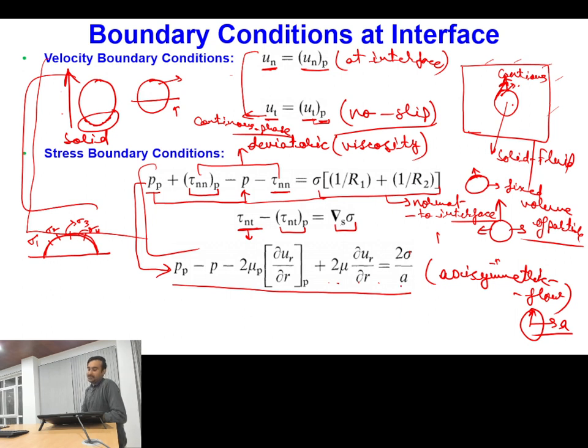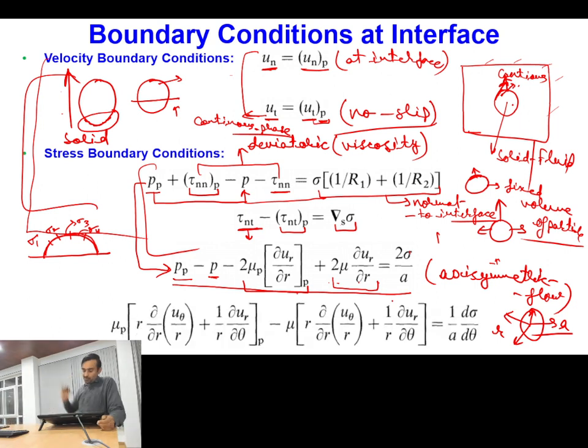In the axisymmetric scenario, pressure will remain as it is, but whenever you talk about the normal stresses, normal stresses will only be present in which direction? Radial direction for a particle. So this is the normal stress because of the viscosity in the radial direction for the particle, and this is the normal stress for the continuous phase. Is this one clear?